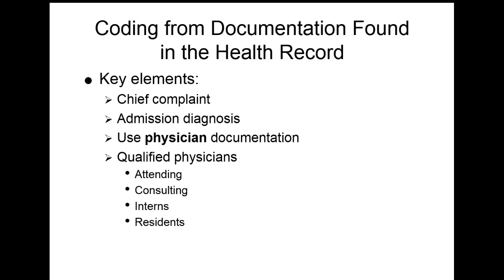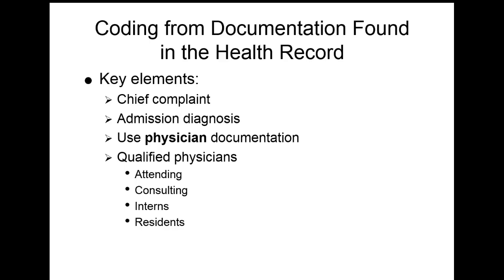But when we look through the body of this health record, we can't find any other documentation of end-stage renal disease. It's not anywhere. There's no documentation that the patient's receiving dialysis or that they're waiting for a transplant. The only documentation we can even find related to the renal system is chronic renal insufficiency. And there's a huge difference in the coding for these.